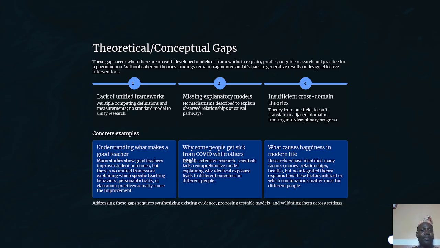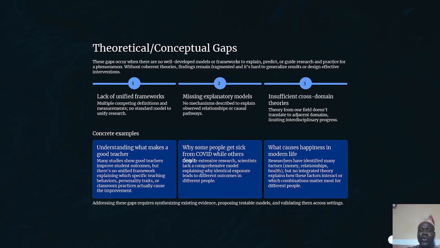So a concrete example is understanding what makes a good teacher. Many studies have given us several pieces of information, but there is no unified framework that we can say these are the specific teaching behaviors and personal traits that we can use to classify a teacher as a good one. Look at health sciences, why some people get sick from COVID while others do not.